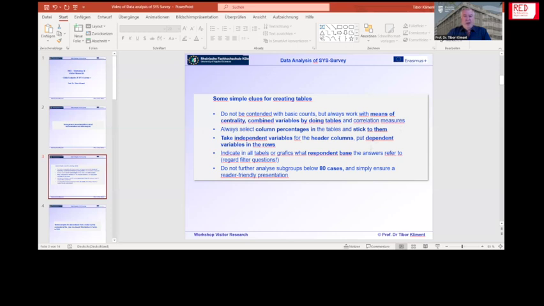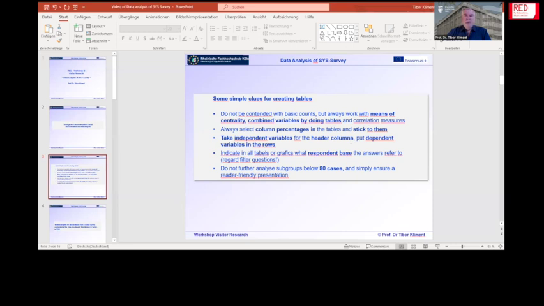The next question is, which variables should I choose for columns and which for the rows? There are different possibilities, of course. In general, it is advisable to put the variables that you may assume as an independent variable into the columns, and put the dependent variable into the rows.